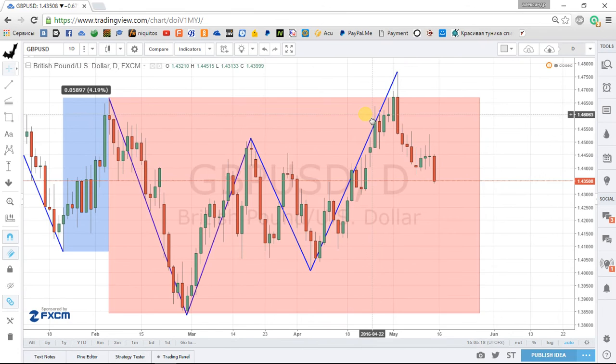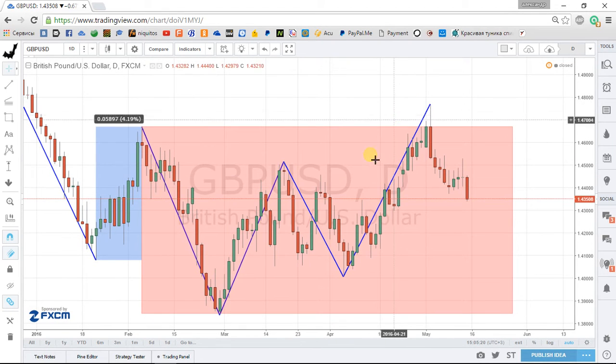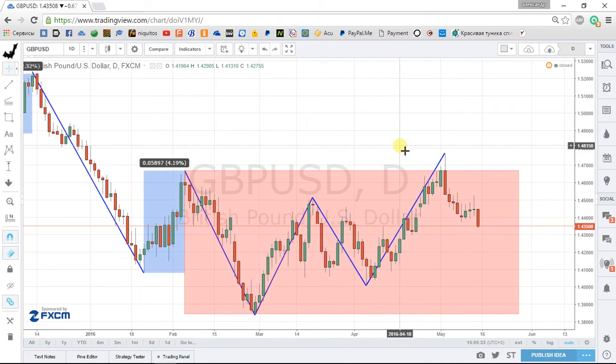And as you see, being in a more consolidating zone, being in that channeling zone, traders are looking to buy lows and sell highs.